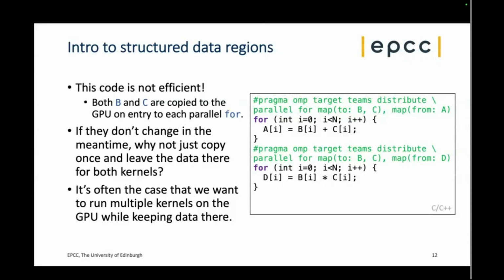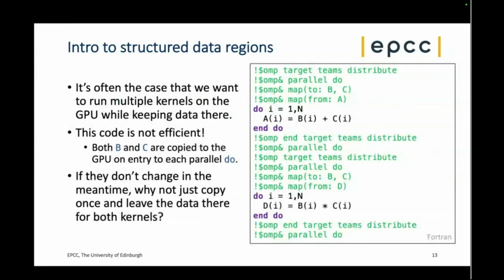So ideally, what we lack is a way for the arrays to stick around on the GPU so that they can be reused from the second loop. And this is essentially some example with Fortran.